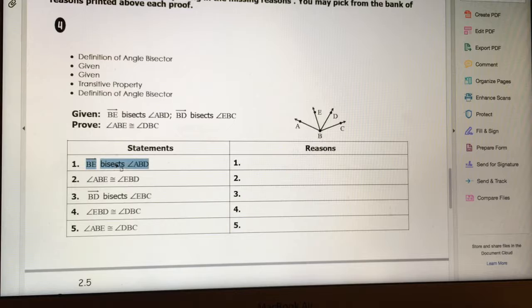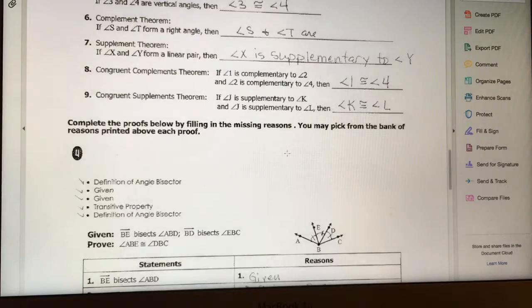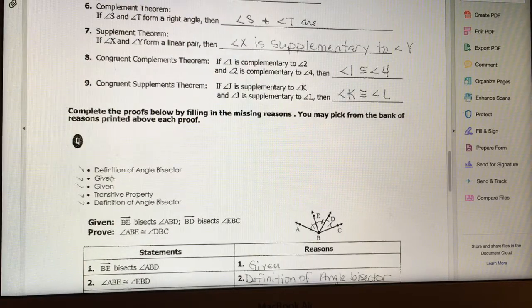Since it talked about an angle bisector, it is the definition of an angle bisector that allows us to conclude that angle ABE is congruent to angle EBD, because it just told us that ray BE bisects ABD. Which means that those two must be congruent by the definition of an angle bisector. So again, remember, cross these off as you go. So we should cross off the first two, given and definition of an angle bisector.